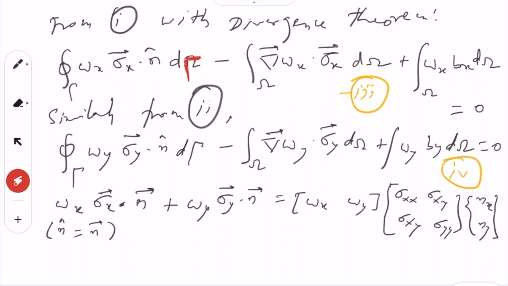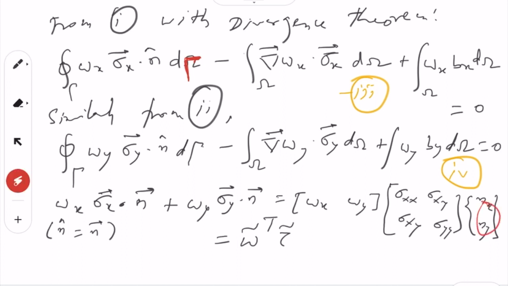And this we can write as w tilde transpose, because w tilde will be equal to wx wy in vector form, and then we have this, we call this n tilde.